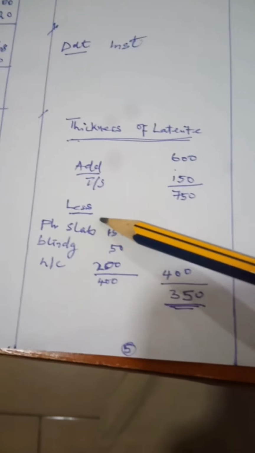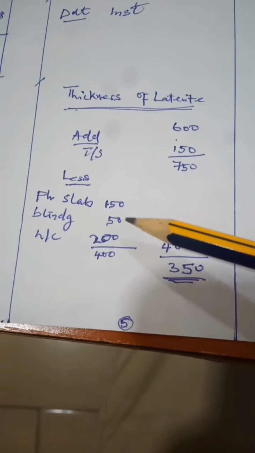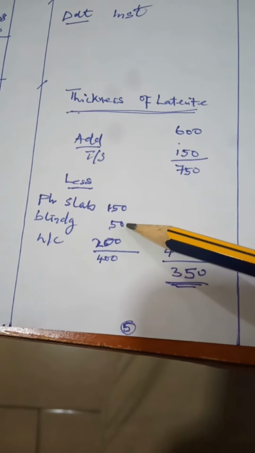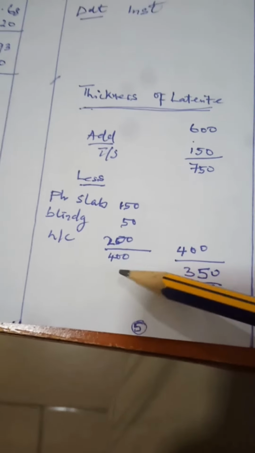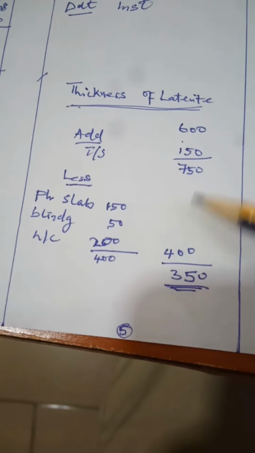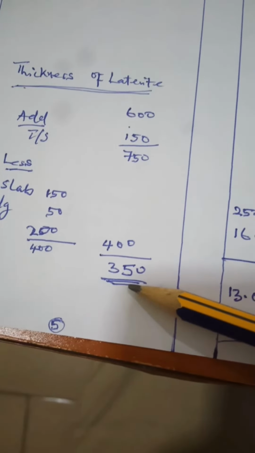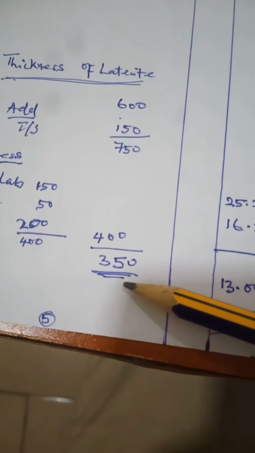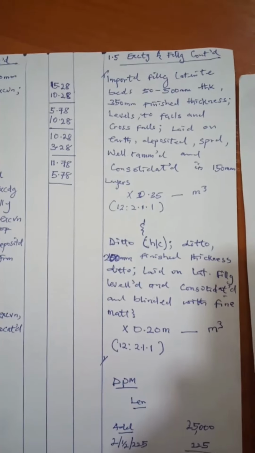So we begin to less all these: 150 floor slab, 50 mm blinding, and 200 mm hardcore. These three figures gave us 400 mm. So when we deduct 400 from 750, we're going to have 350 mm as the thickness of our bed of laterite filling.